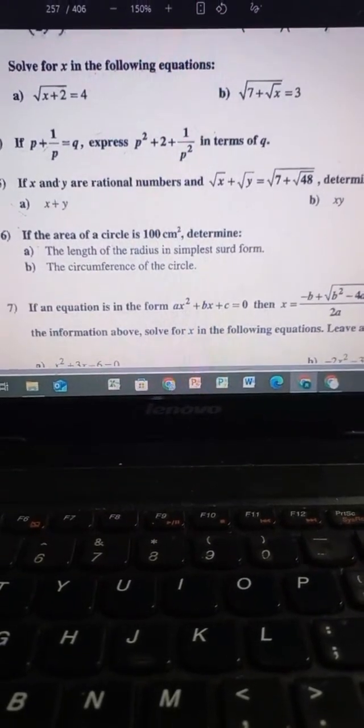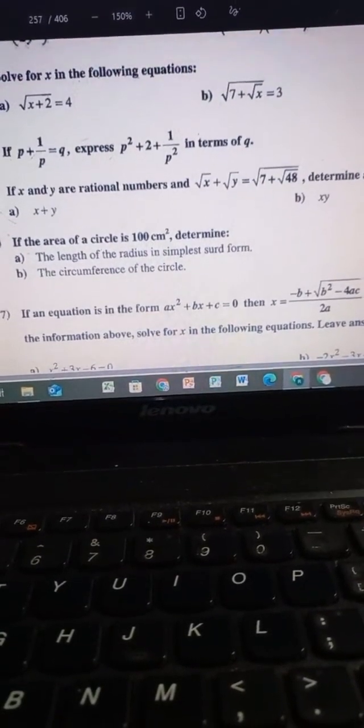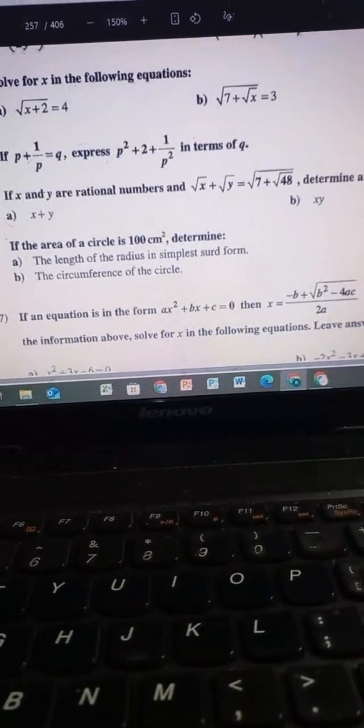Right, let me write it down. So we are saying Q is equal to P plus 1 over P, right? And then our question is P squared plus 2 plus 1 over P squared.